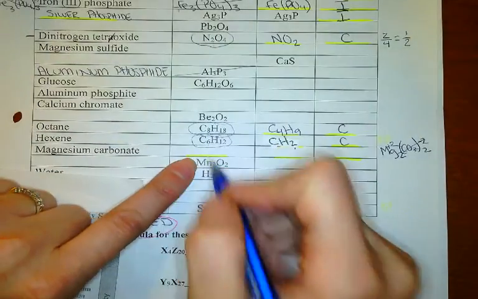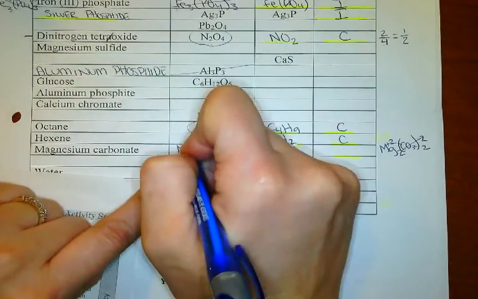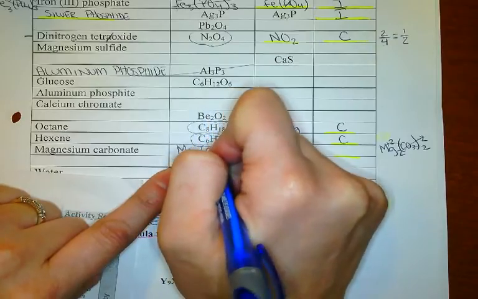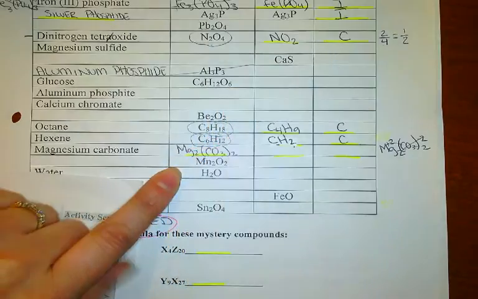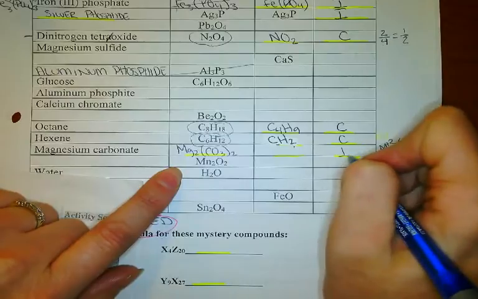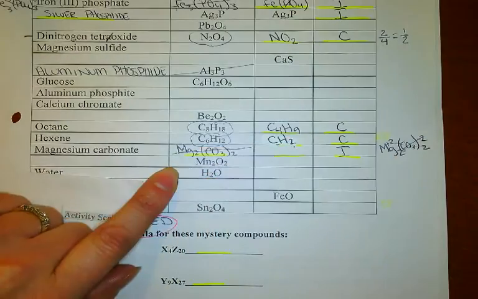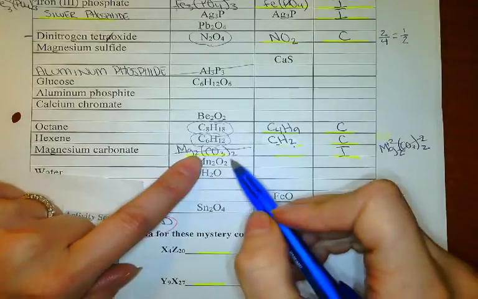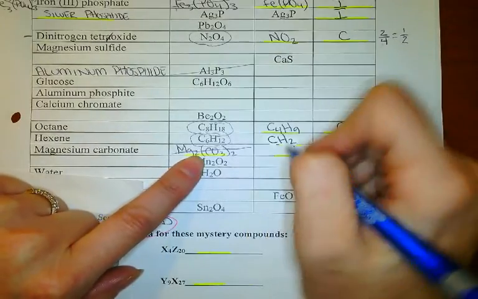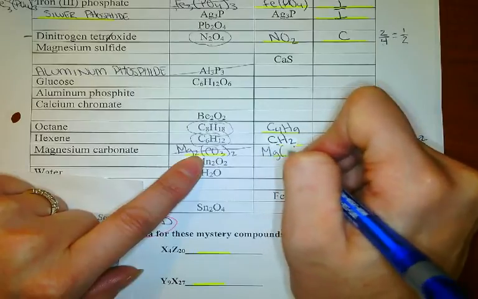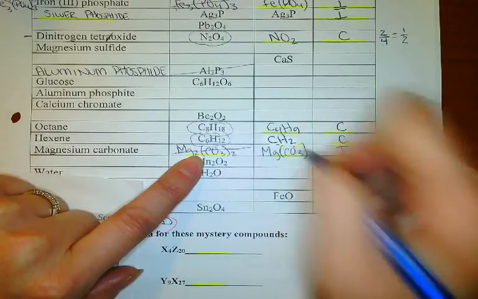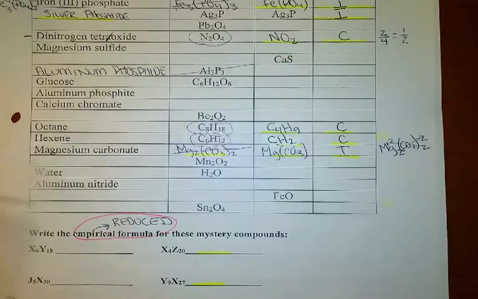Now I write that down as my unreduced formula, Mg2(CO3)2. Okay, this is ionic because magnesium is a metal, which means this would not be an appropriate answer, because I would reduce those 2s off if I was going to give this answer on a test and just say MgCO3. That's the reduced answer.